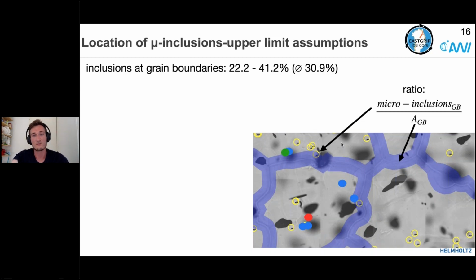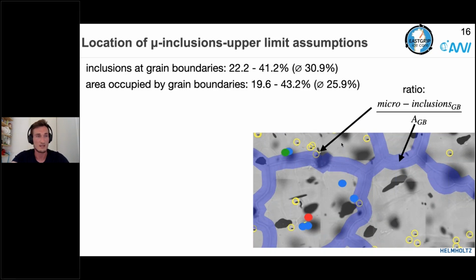In reality, they're just a couple of nanometers, and we estimated a width of 300 micrometers to account for the birefringence and all those effects, since we're in the sample, and therefore we set an upper limit of 300 micrometers and just counted all the inclusions which are located at those grain boundaries, which are between 22 and 41%, on average 30.9%. And then we did the same for the grain boundaries. How much area are grain boundaries accounting for in the sample?